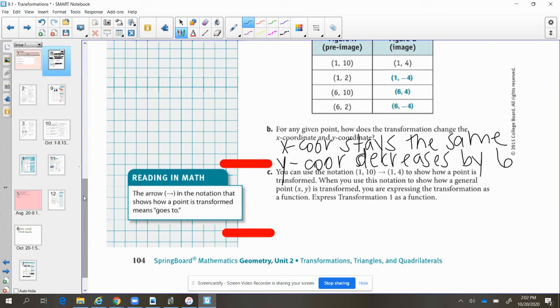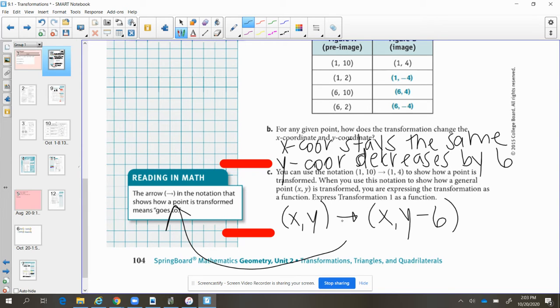So what we can say is that what happened to our point is that the x value stayed the same as it was in the original, but the y value decreased by 6, aka we had to subtract 6. So notice this arrow here from the math box tells us that this means goes to. We started here and then we went to this point here. So that arrow shows us that a transformation occurred, and this is how we would write the rule.